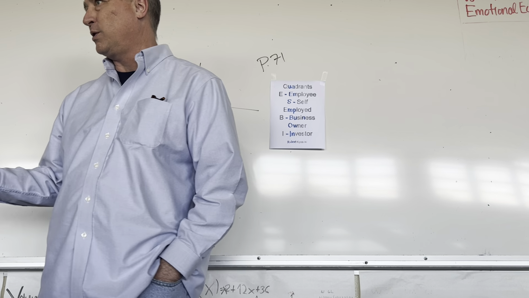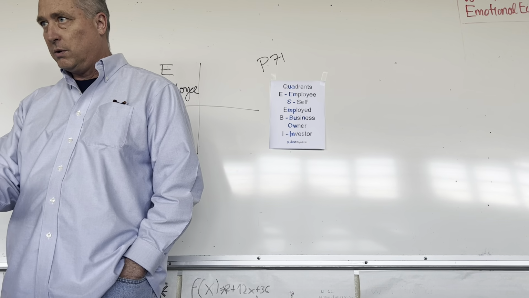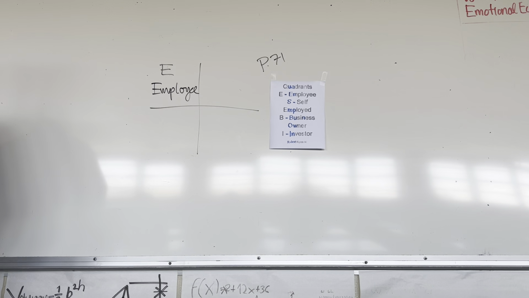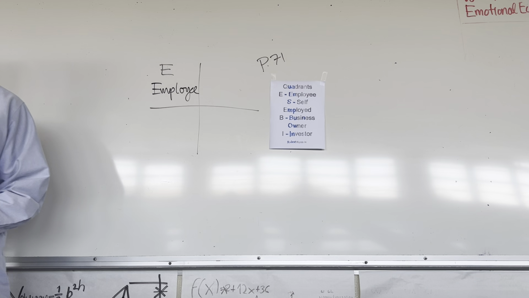Who's working in here? Somebody in here have a job? Where do you work? Do you get paid money? How do you get paid? I think you're saying by the hour, right?